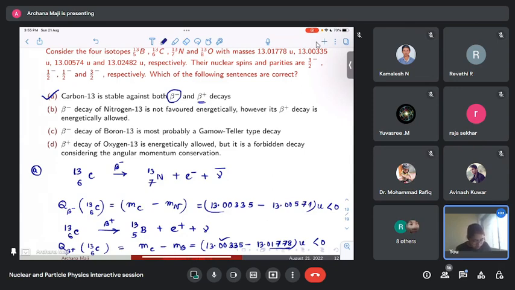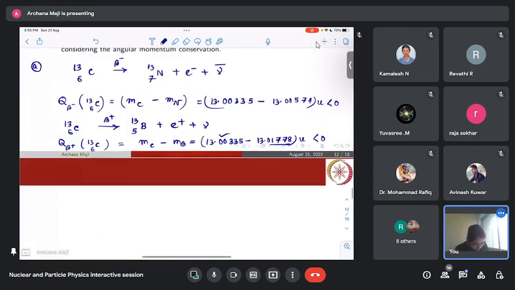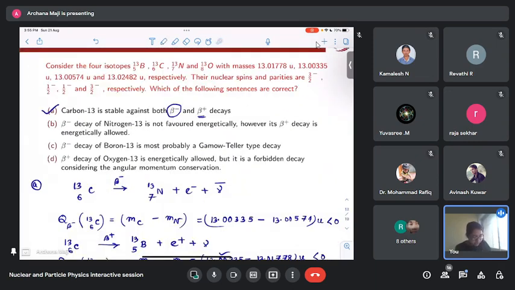Okay, let us check option B now. It says beta minus decay of nitrogen is not favored energetically, however its beta plus decay is energetically allowed. So we again have to check the similar thing, the Q value for nitrogen now.